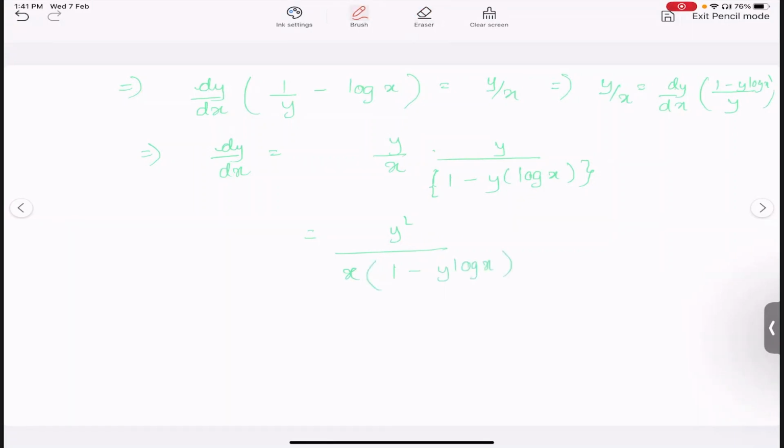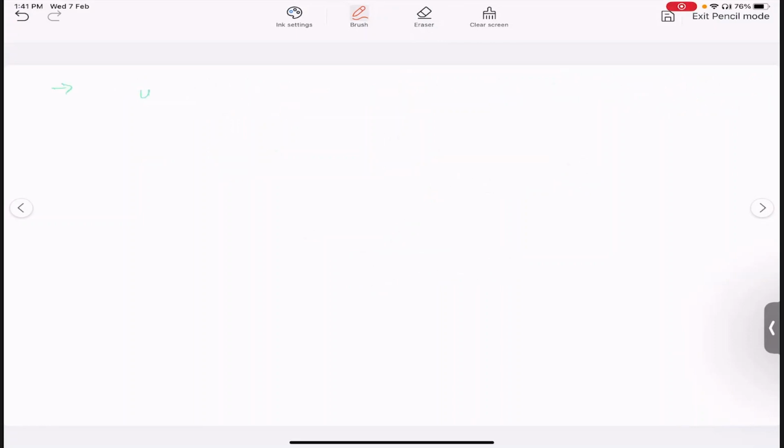Now let's do another example. Let's say we have y is equal to sine x to the power sine x to the power sine x, and so on and so forth. Again, we'll take the log first.